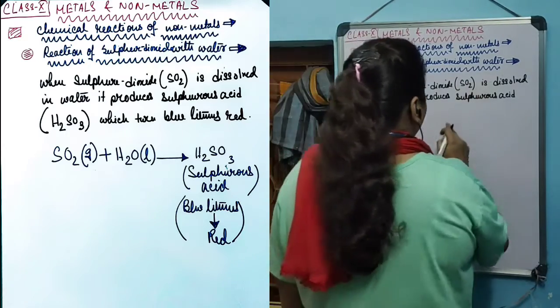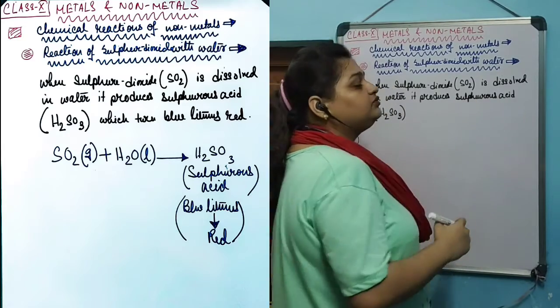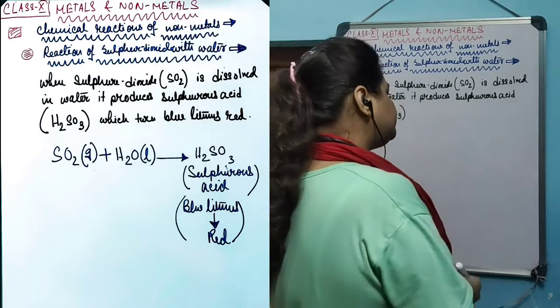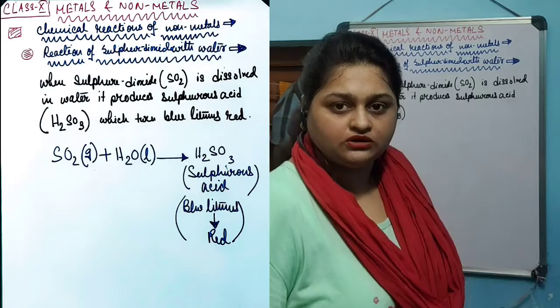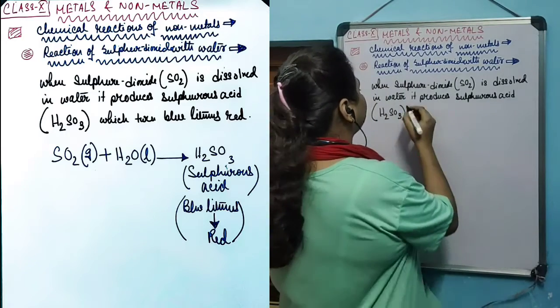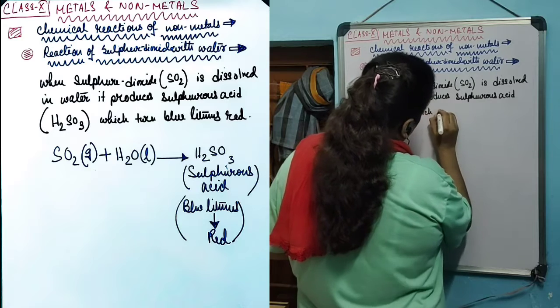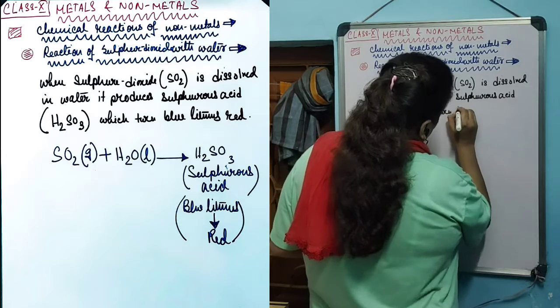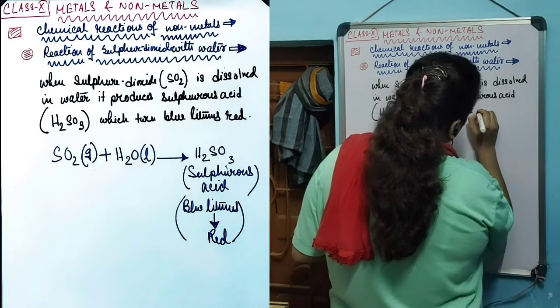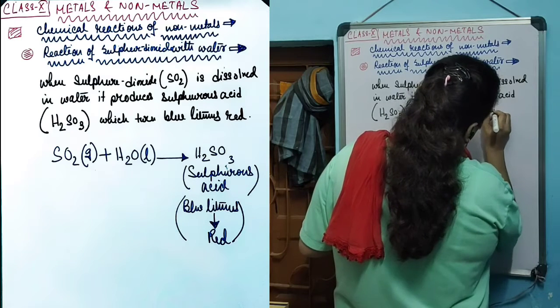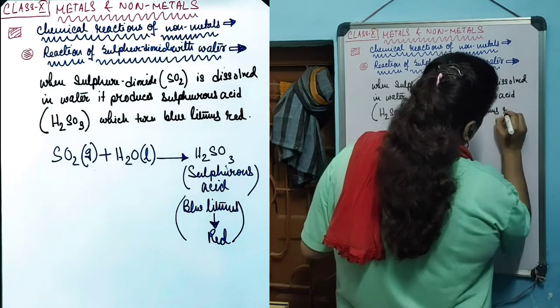When it is dissolved in water, it produces sulfurous acid. So the aqueous solution is acidic in nature. Similarly, it will also turn blue litmus paper red.